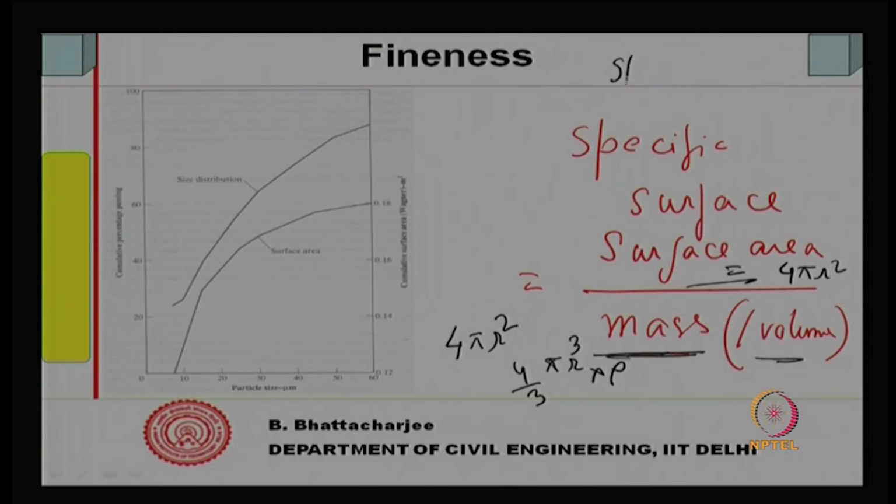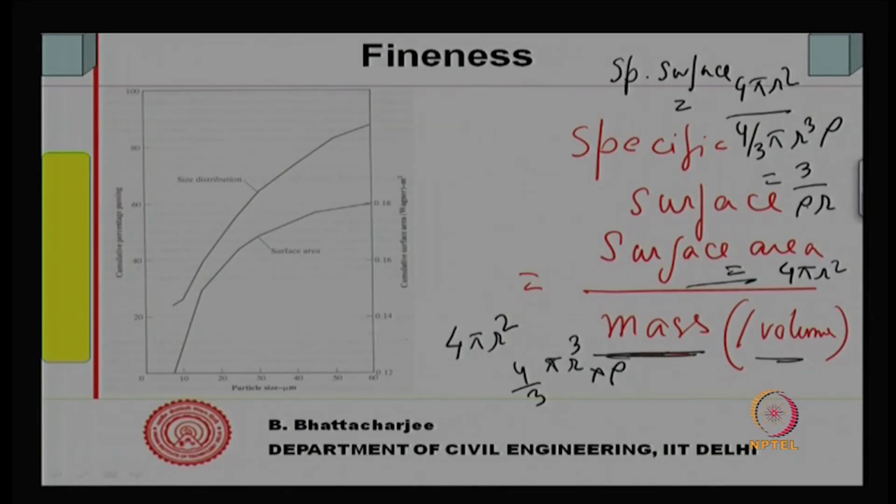So, specific surface will be equal to 4 pi r square divided by 4 by 3 pi r cube into rho, which equals 3 by r rho. So, the finer the particle, the more will be the specific surface.